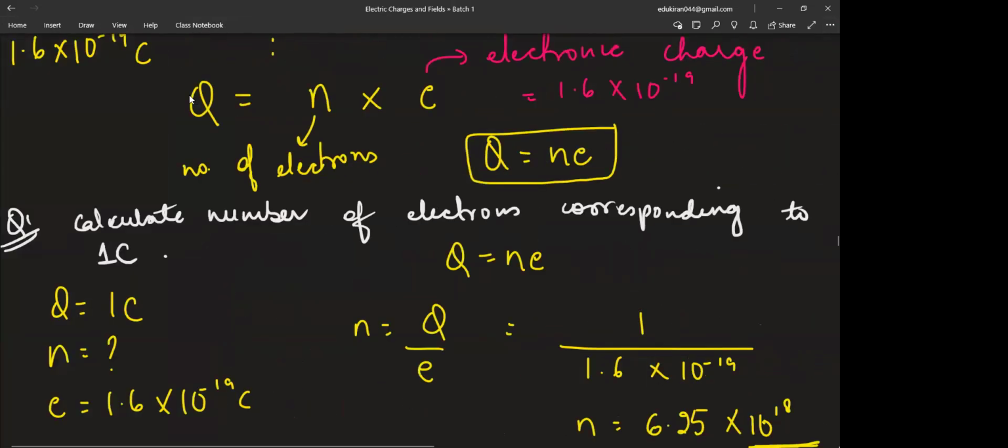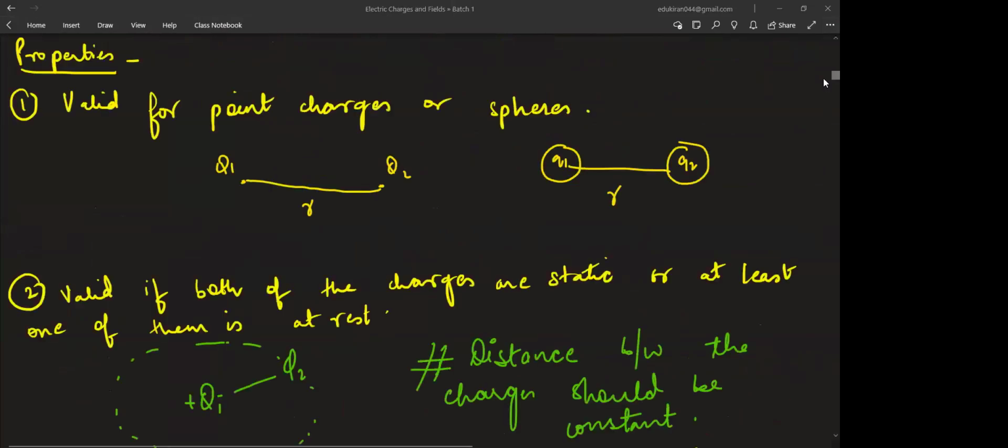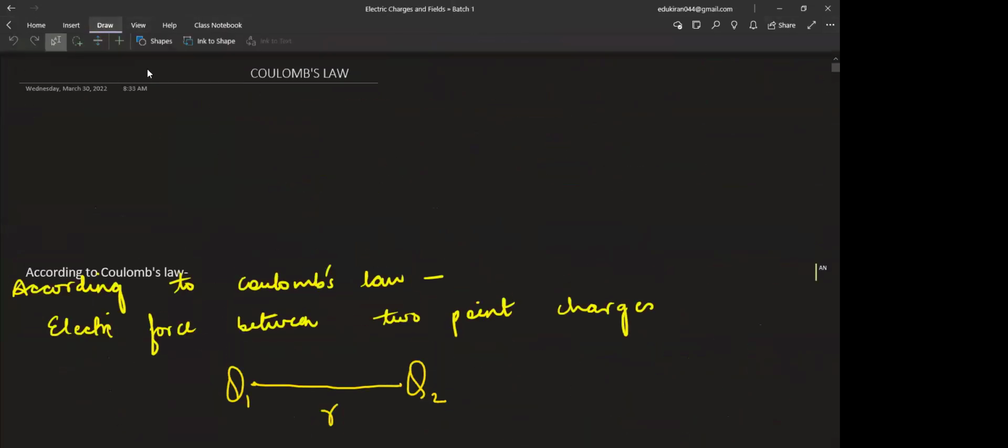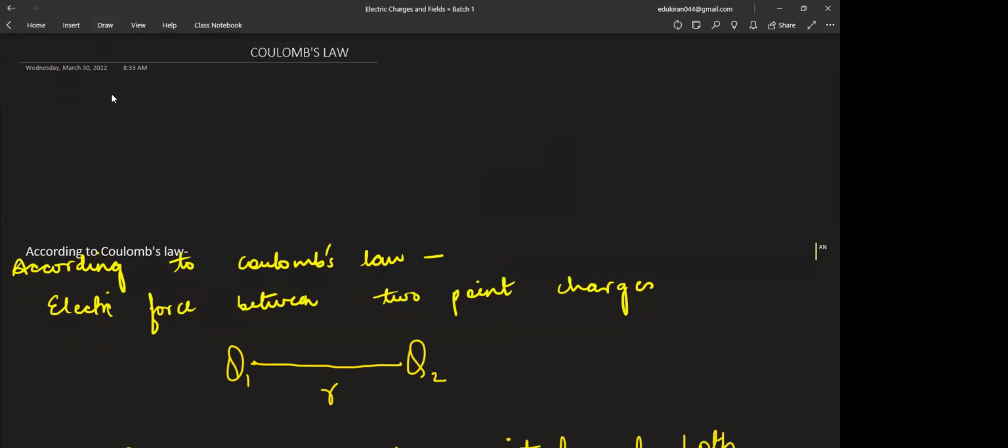Basically, the force which is present between two charges. Okay, Rafia, see, there is a certain amount of force present between two charges. There is a single charge present, Q1, and another charge present, Q2.